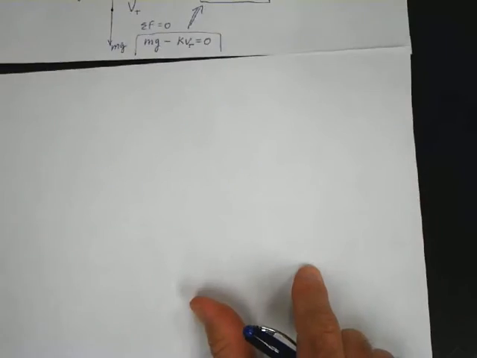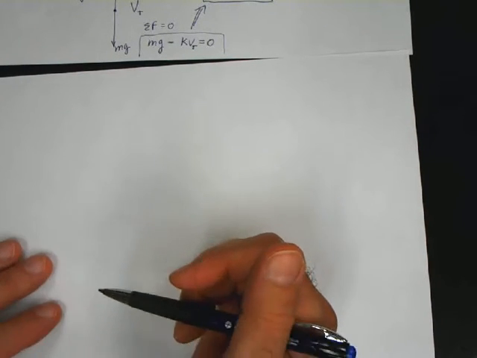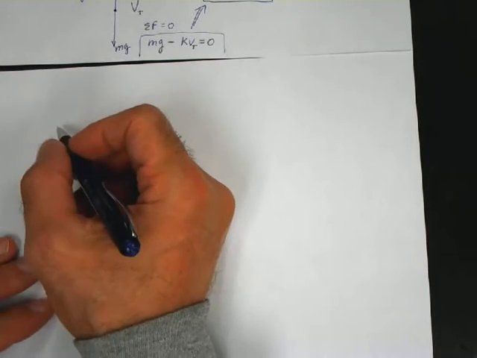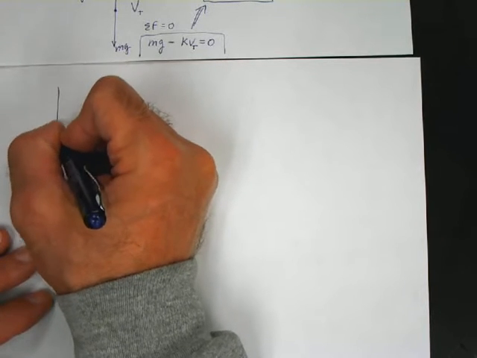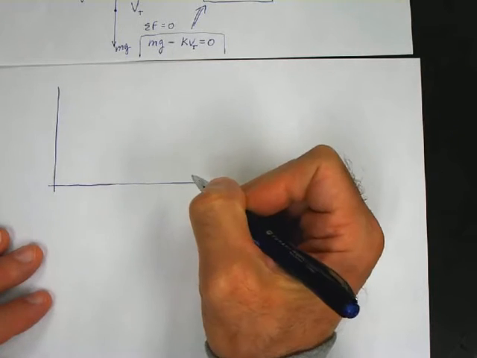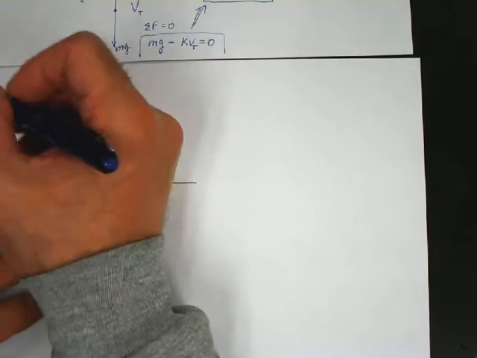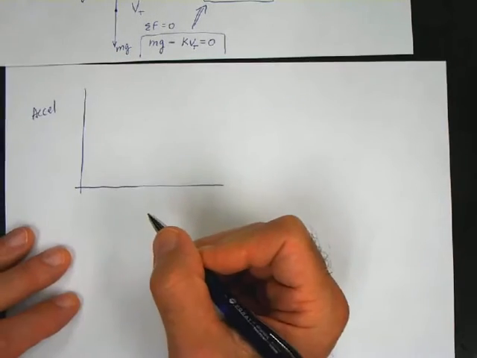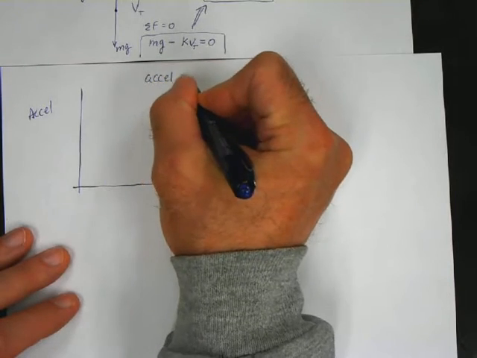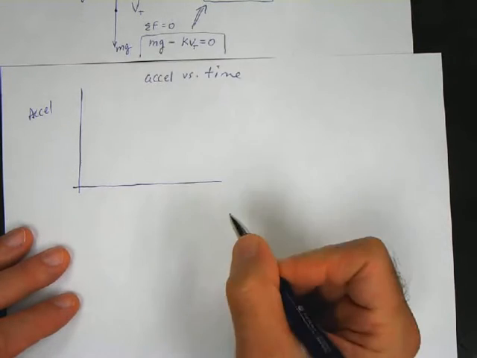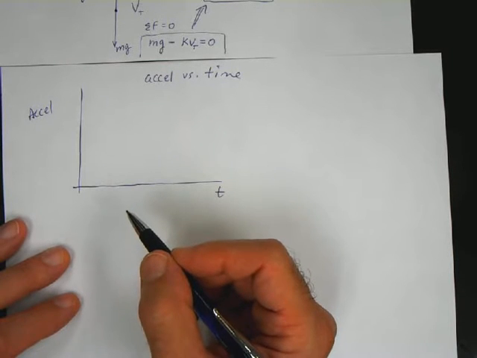Now, let's look at some generalized graphs and see what happens to the acceleration versus time for some object like this that's dropping through water, where there's a resistive force varying in a linear way with speed. So let's put the acceleration over here, and we're going to compare acceleration versus time. Here's time, here's acceleration.